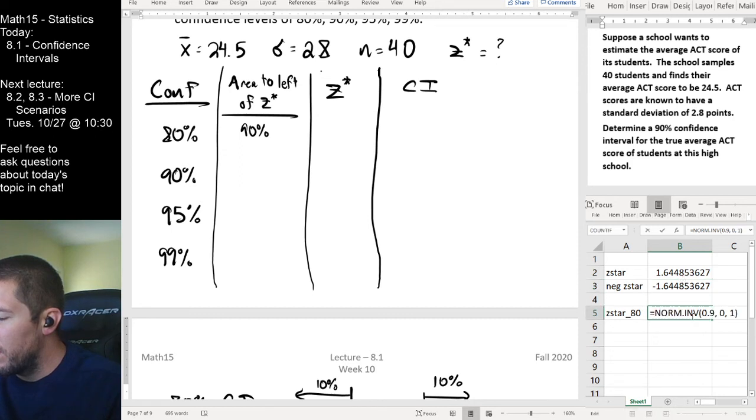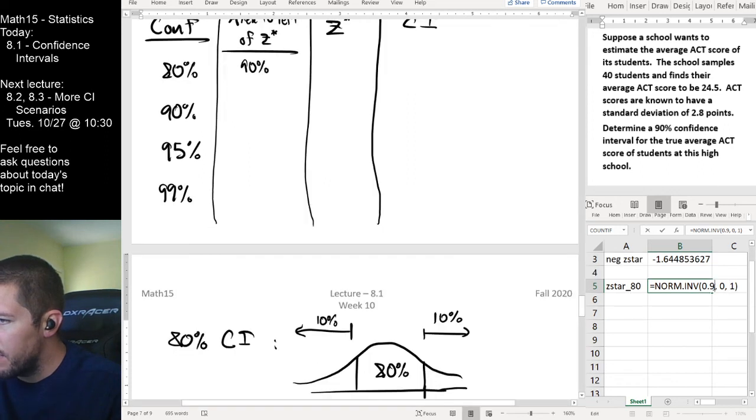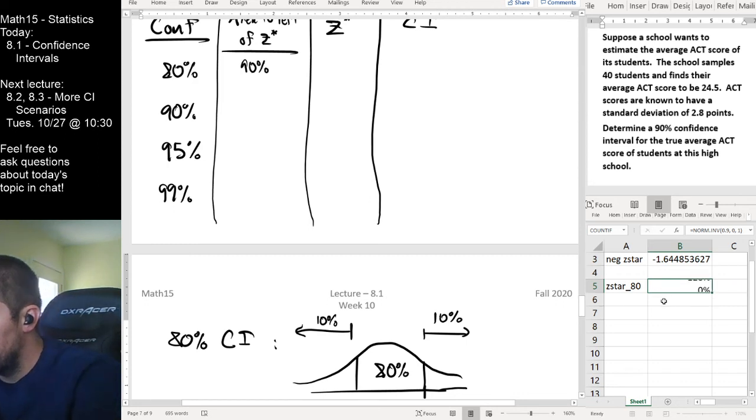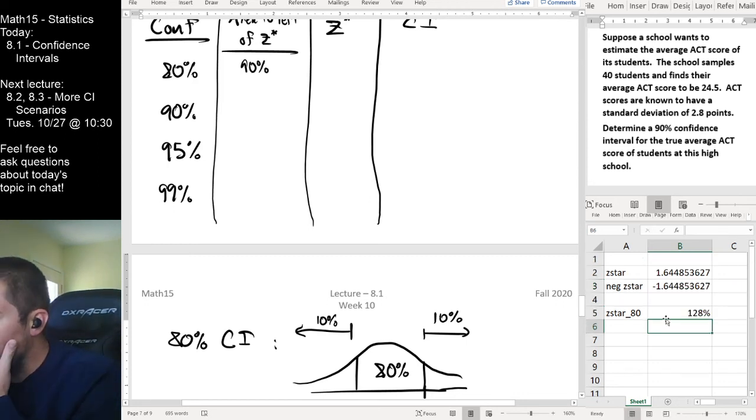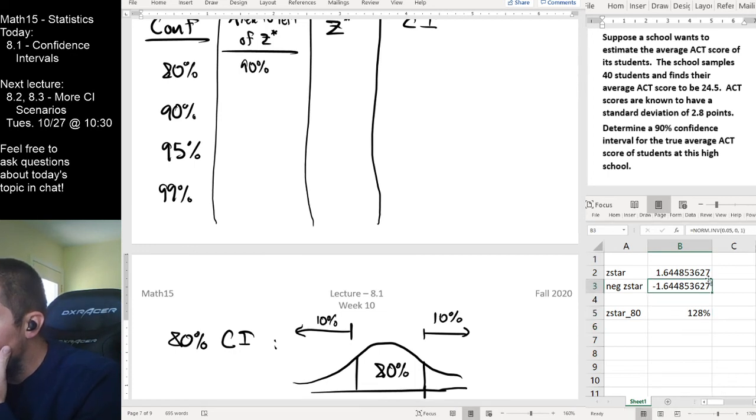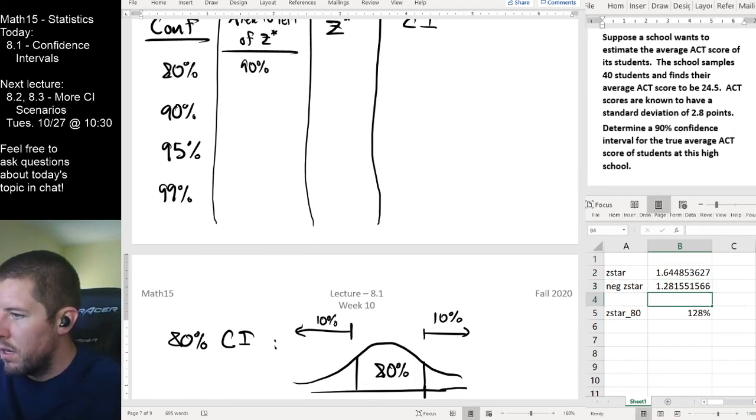Norm.inv, I'm giving it the probability of 0.9, a mean of 0, and a standard deviation of 1. I want to know how many standard deviations we are at if 90% of the area has been accumulated. What in the world is 128%? Why is it giving me this as a percentage?